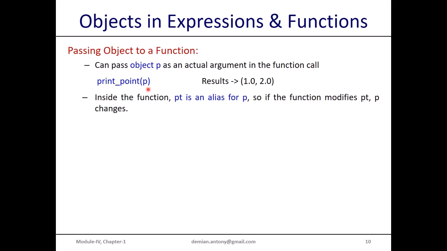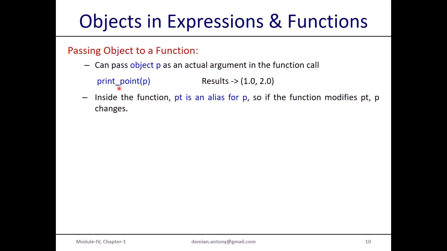And now this object p will not be passed to pt, rather the formal argument pt, which is found in the function definition print point, becomes the alias or a reference to the actual parameter p in the function call. So this is a function call, and this is the actual parameter, which is the object p.